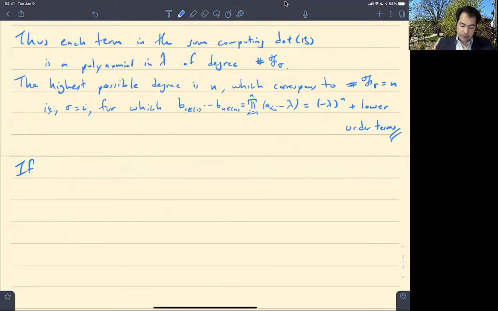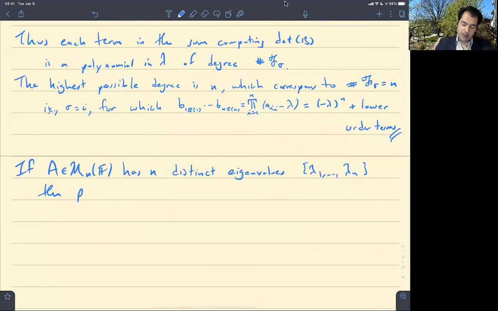Now, if you have a matrix with n distinct eigenvalues, then the characteristic polynomial is going to be the product, j goes from 1 to n, of lambda_j minus x, with a sign as needed.